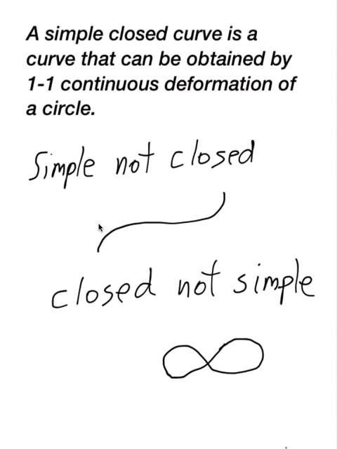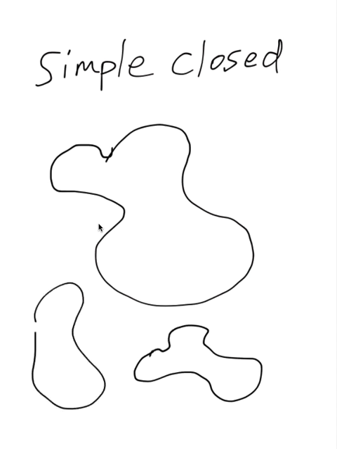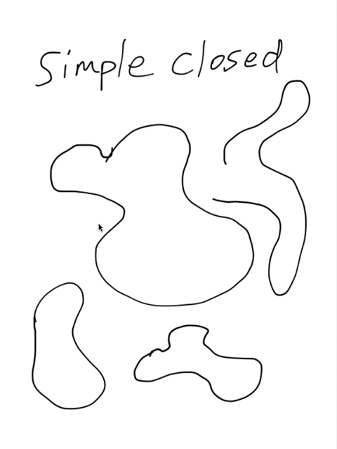It's a topological circle is what we would say in higher mathematics. Basically, it's something that you can draw that's very circle-like, even if it is a crappily drawn circle. Poorly drawn circle, okay? These are all simple closed curves, no matter.